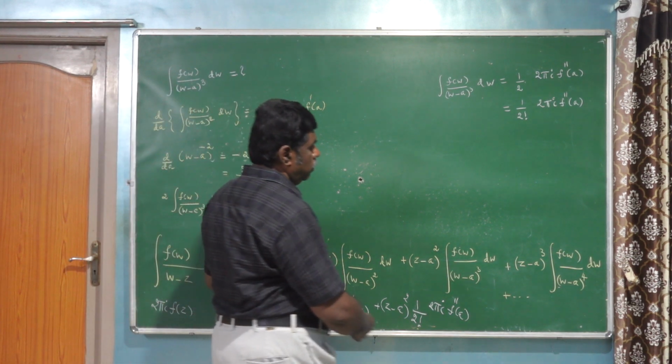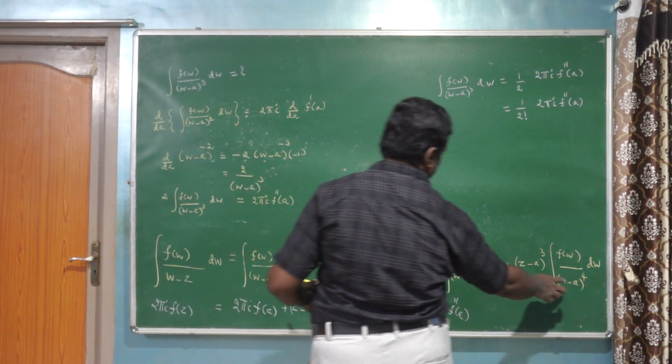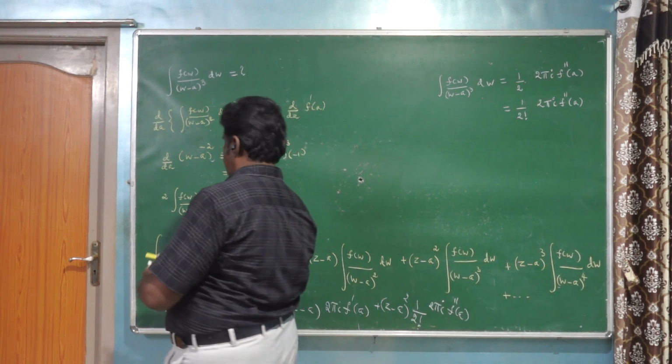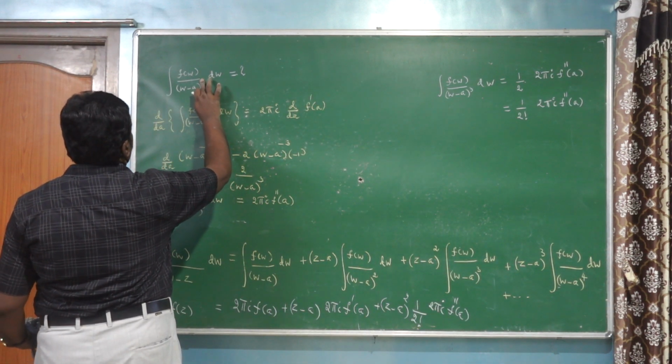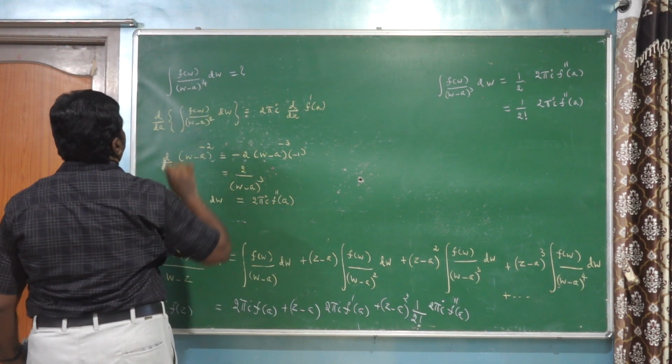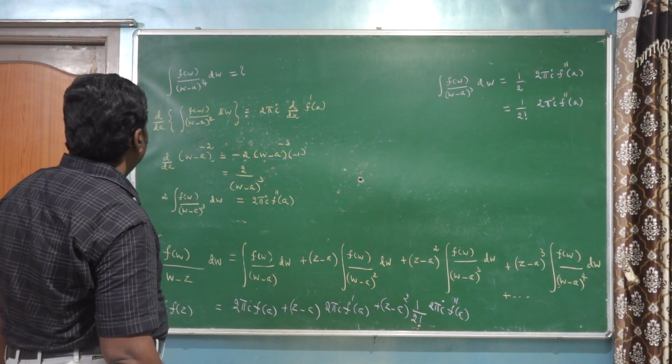Next we have to find out the value of the term f of w divided by (w minus a) power 4 dw.